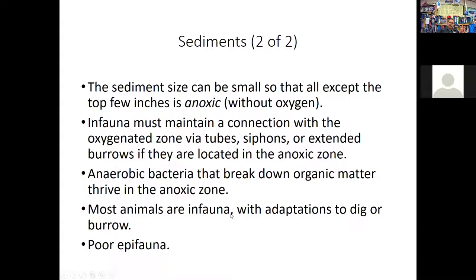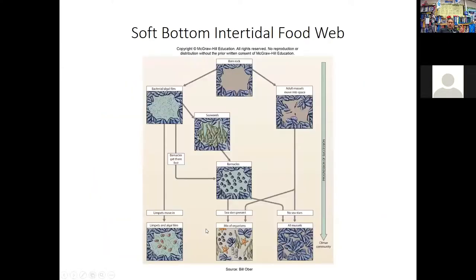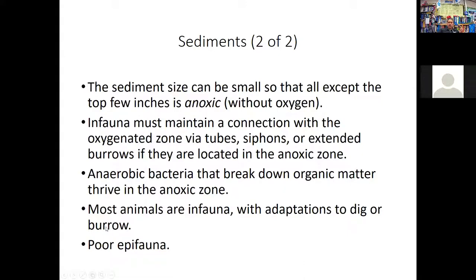Most animals are infauna with adaptations to dig or burrow, so the organism can go into the sediment and dig their way in.